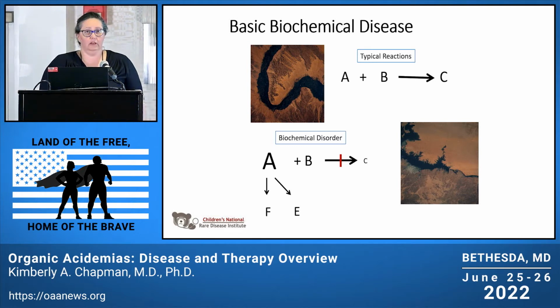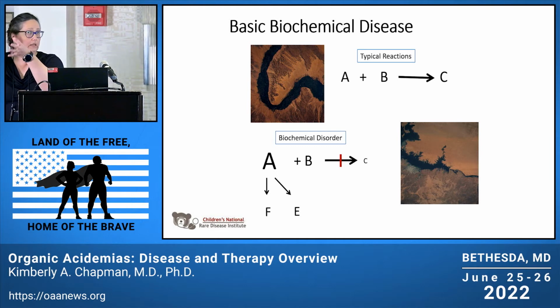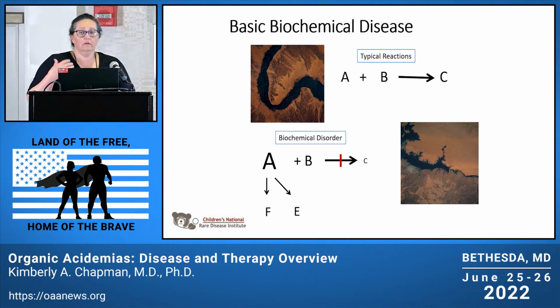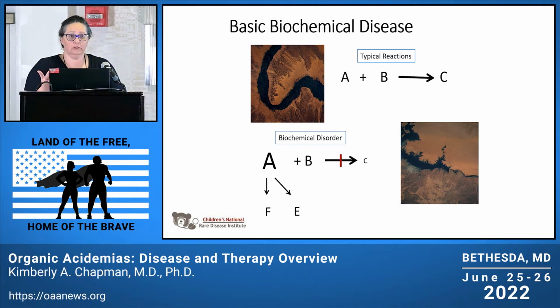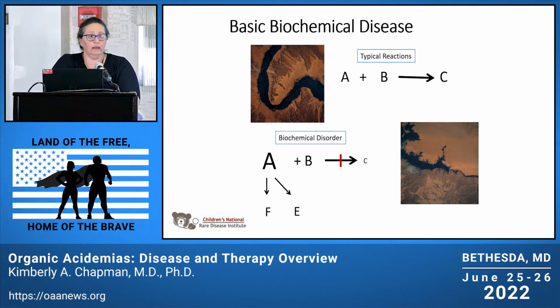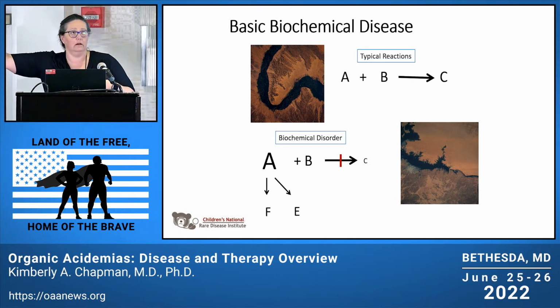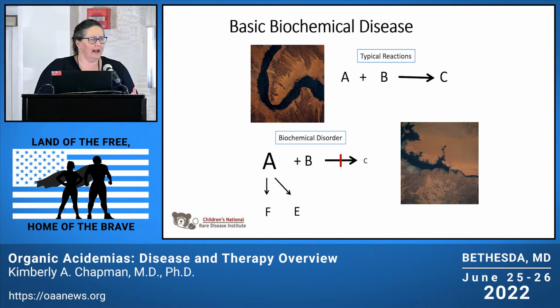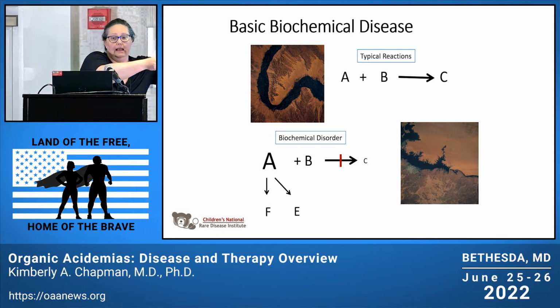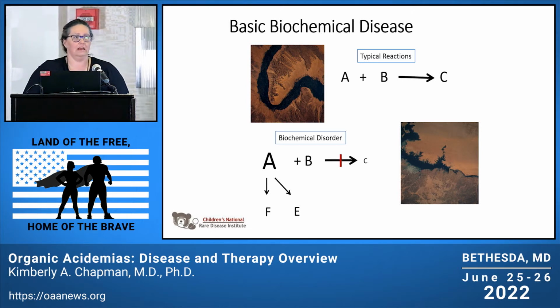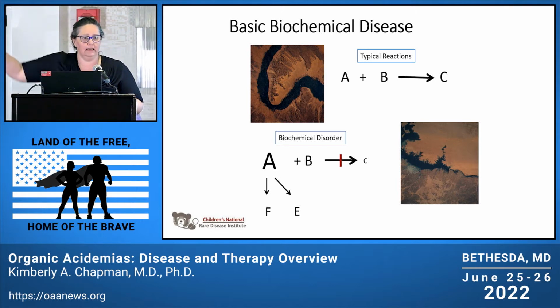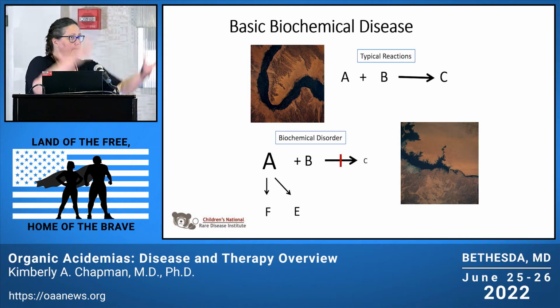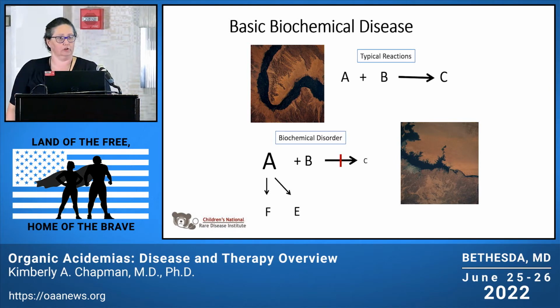So we have these things, A plus B will lead to product C, right? And if you have a metabolic disorder, it's like blocking A to B producing C. And what happens is you accumulate A, and A leads to F and E, and you're deficient in C. And this is like sticking a dam in front of a river. And you flood upstream and you're deficient downstream.